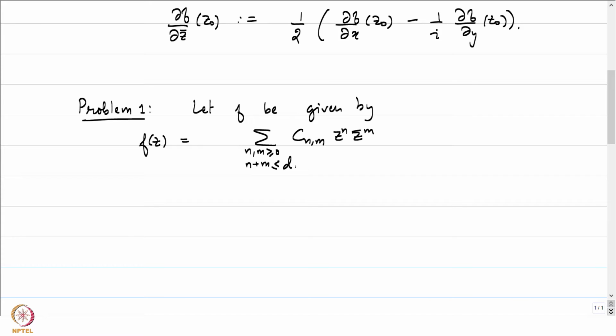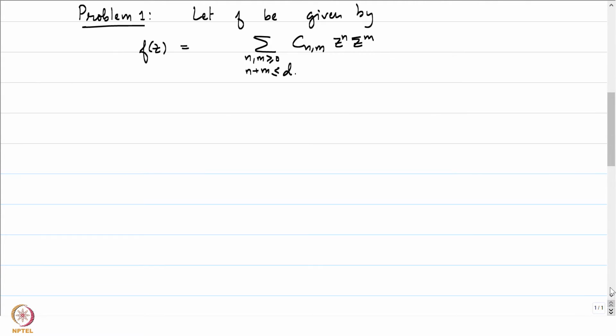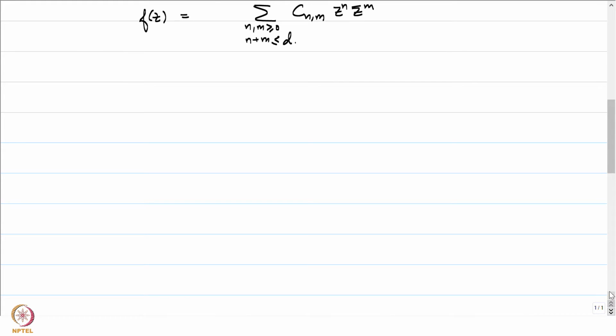So, this is how we capture a general polynomial. Notice that every polynomial in x, y in R2 can be written in this manner, and the problem is to first compute the Wirtinger derivatives of such a polynomial.